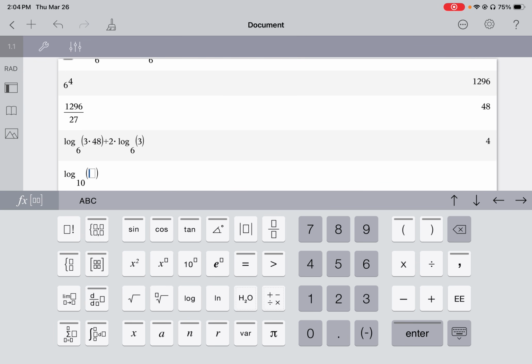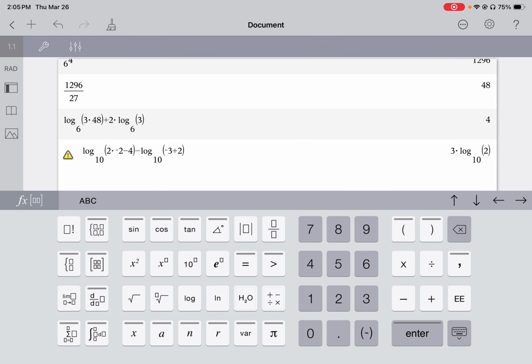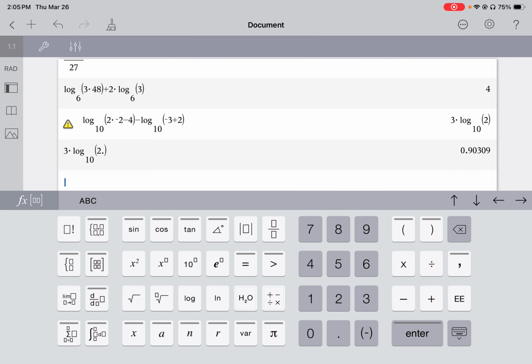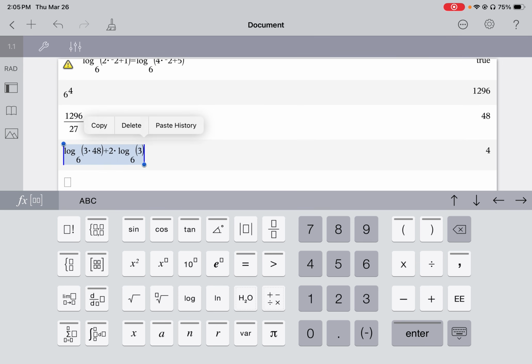So we have log base 10 of 2 times negative 3 minus 4 minus log base 10 of negative 3 plus 2. And it says that it's about 0.9. Okay. Let me do that again. Came out all weird on my screen.